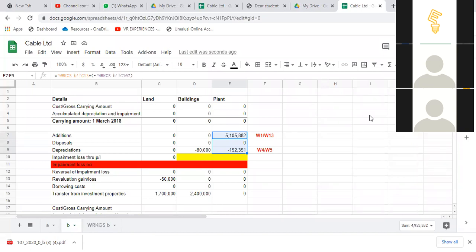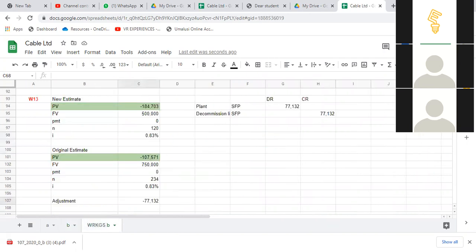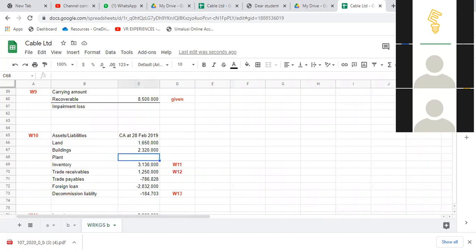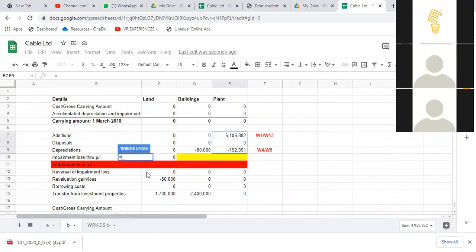So let's just see what the answer is. The plant is going to be basically that plus that.